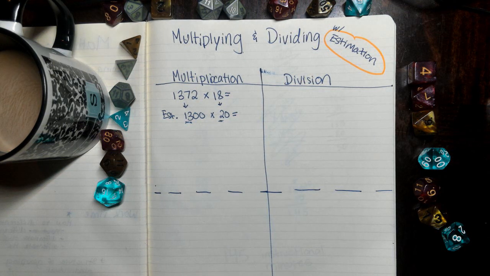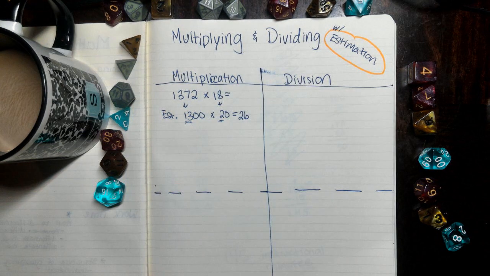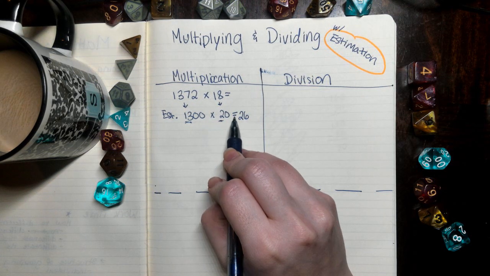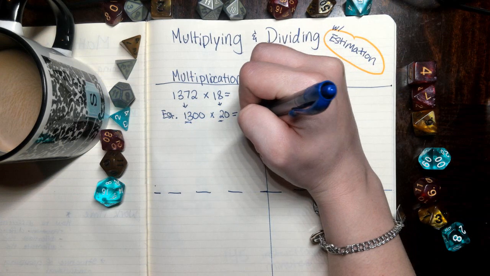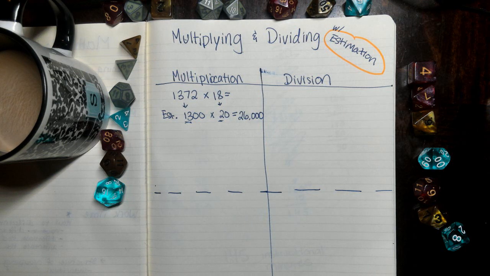What is 13 times 2? Yeah, you know that, 26. So we write the 26. And then we go through and we count all of the zeros that we ignored. 1, 2, 3. And we just stick those zeros on the end. So there's our estimate, 26,000.